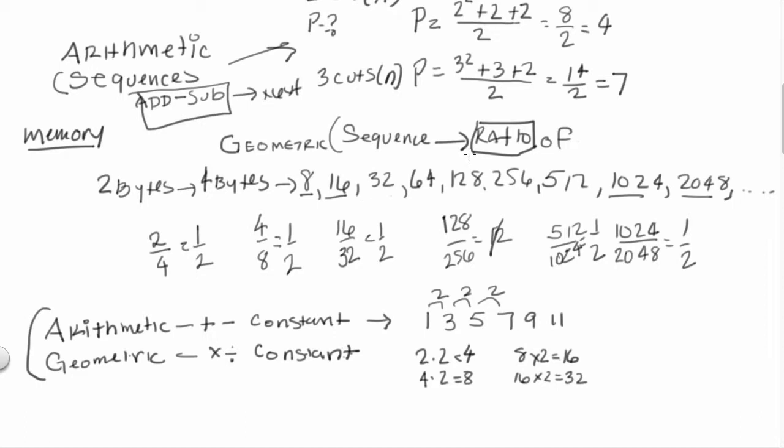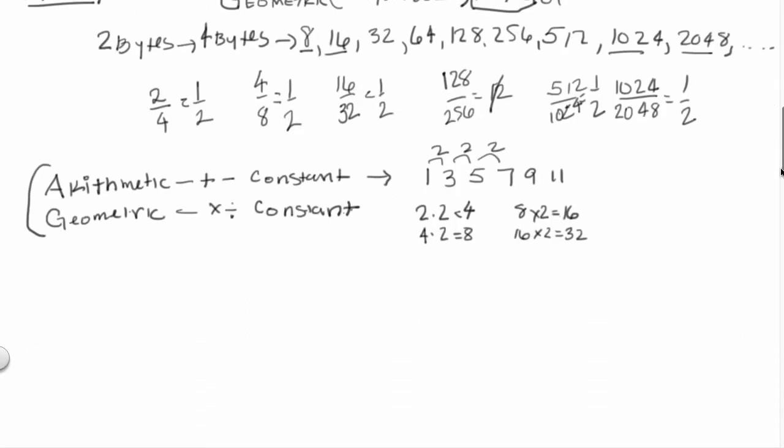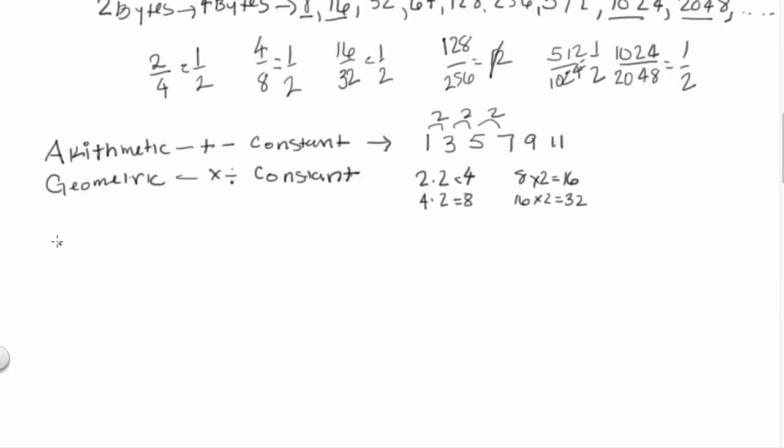Now the next thing we want to talk about is series and sequences. A sequence you should know because you've heard the word before, and in math it means exactly the same thing, which is just a bunch of numbers. They usually increase or decrease at a specific rate.